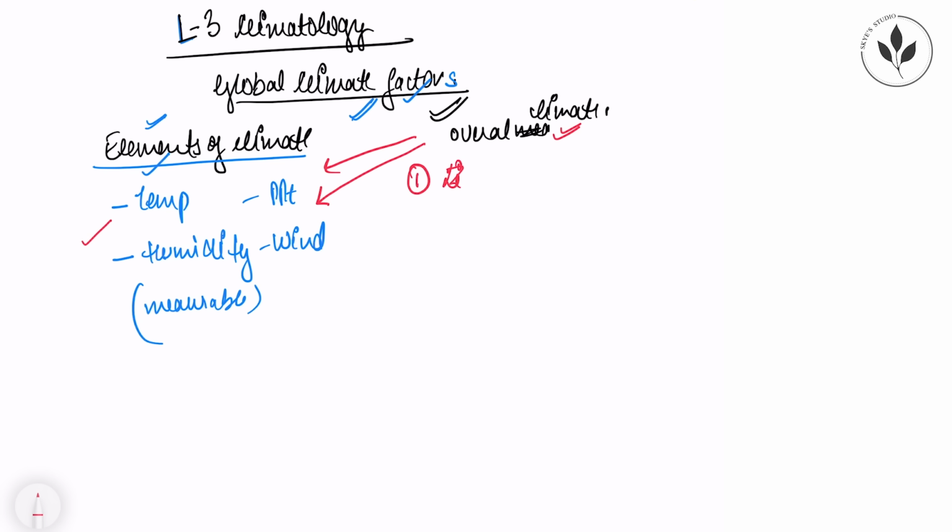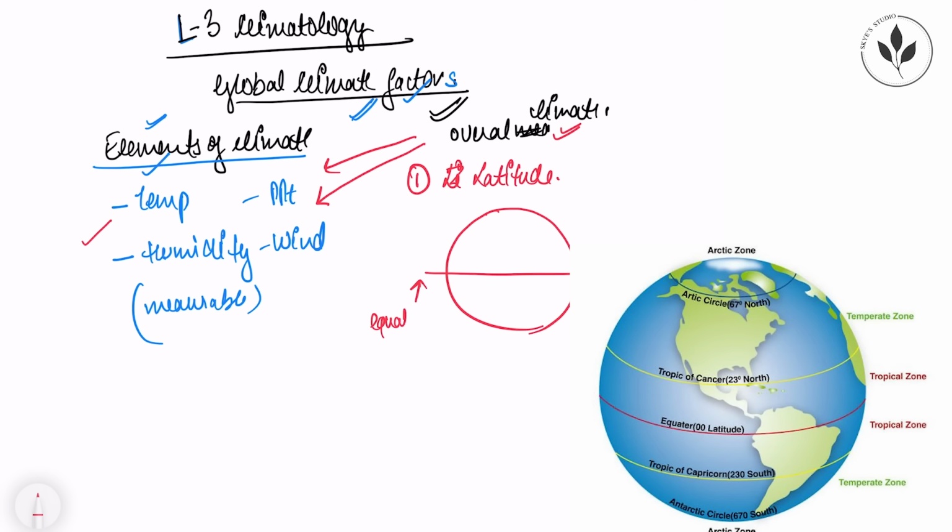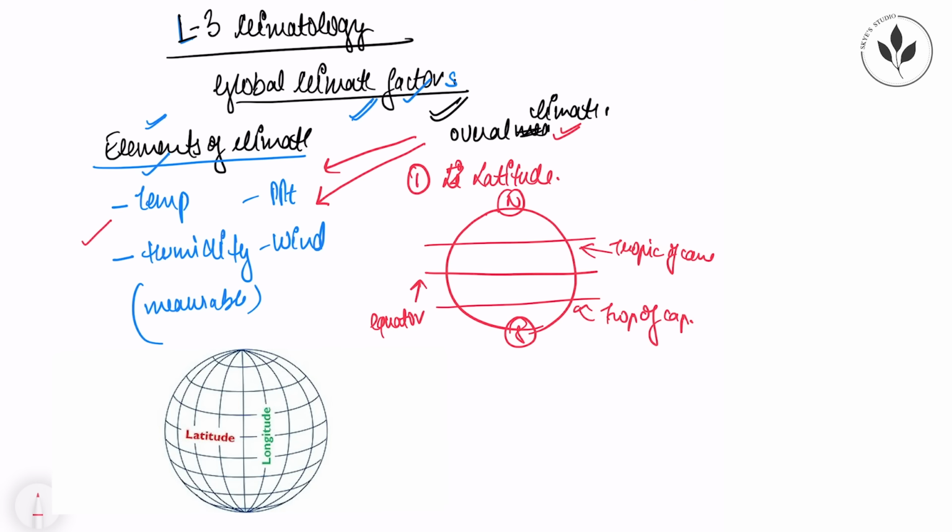The first global factor is latitude. Now, what is latitude? I think everyone knows the center of the earth is known as the equator. The line here is the Tropic of Cancer. Here is the Tropic of Capricorn. And then we have the North Pole, and then we have the South Pole.